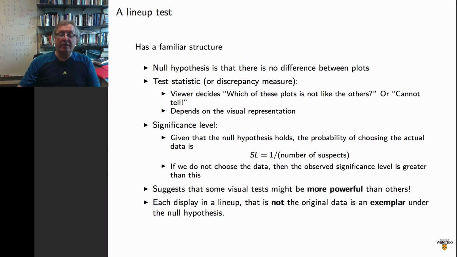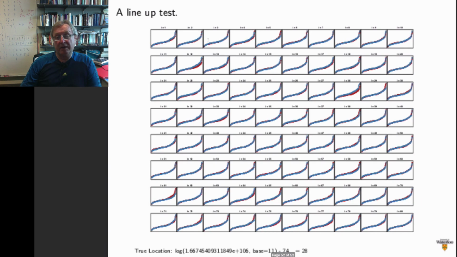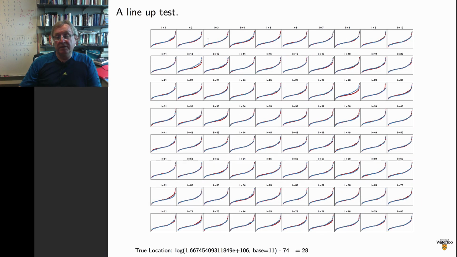And then the language we're going to use in the next lecture or so would be that each display in the lineup that is not the original data is an exemplar. That's sort of a model data set coming from the null hypothesis. So it's really important that we put all of this together and recognize that this is a significance test. It's a visual significance test.